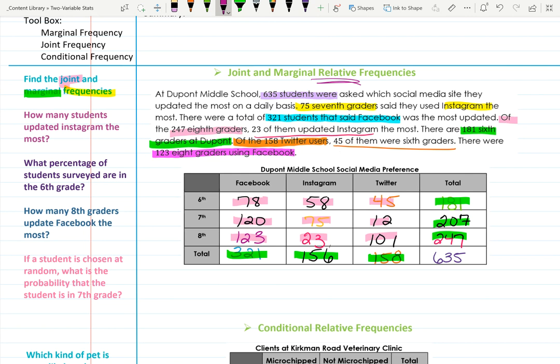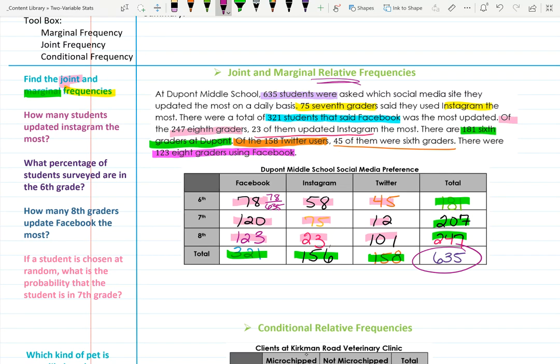Now, notice our heading, it says joint and marginal relative frequencies. Okay, so if you're talking relative frequencies, that means relative to the whole. So if I go to find a relative frequency, I'm going to take that number, that 78, and put it out of the whole. So 78 divided by 635, and that would give us a joint relative frequency. Okay, because it's a joint frequency, but it's relative to the whole.